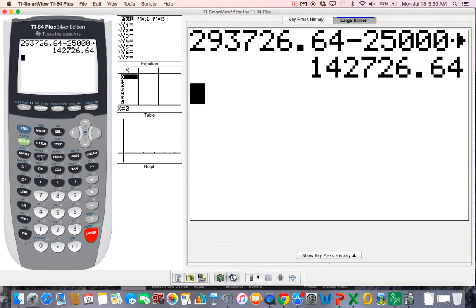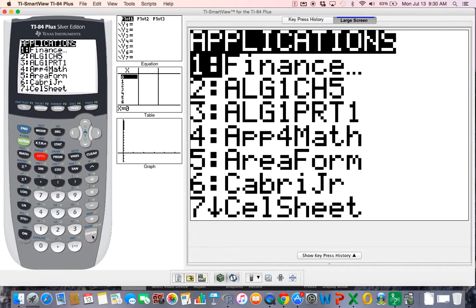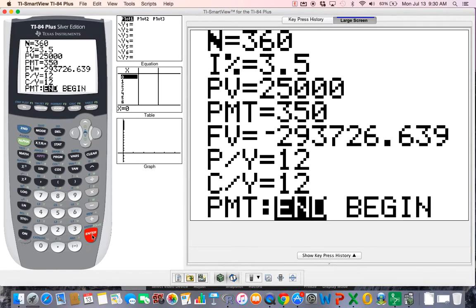Well, this is all about just using a little bit of common sense, I think, on your TVM solver. So we want to know how many months, so I'm going to put a 0 there.